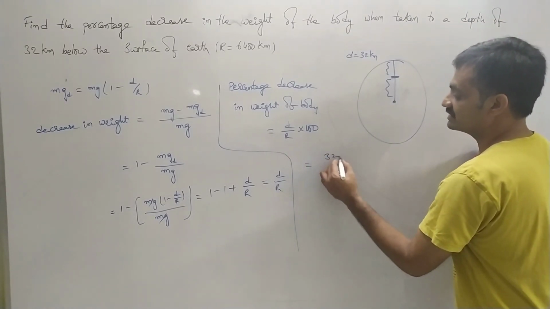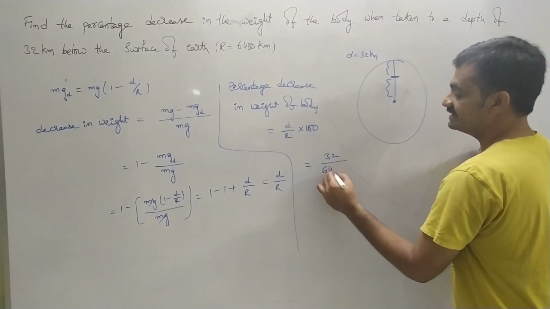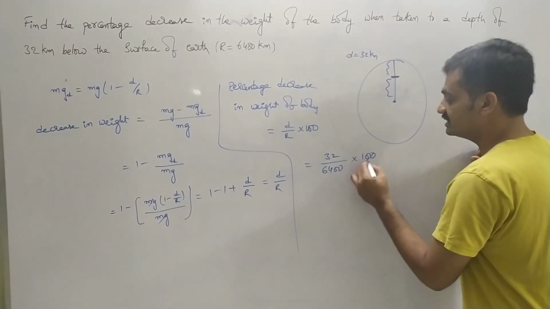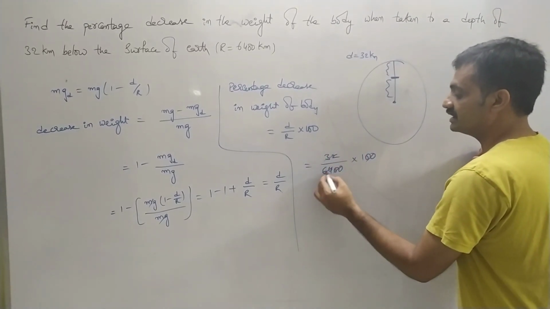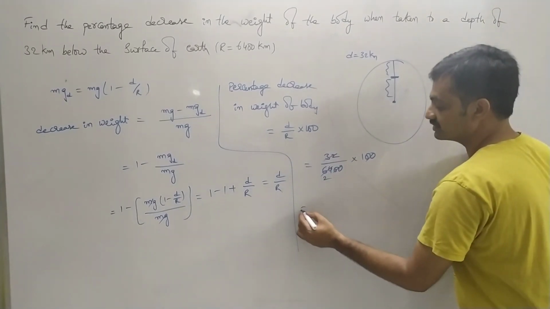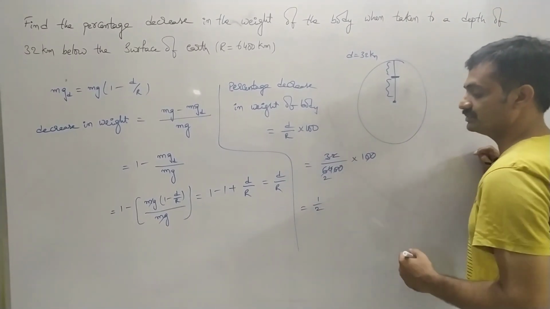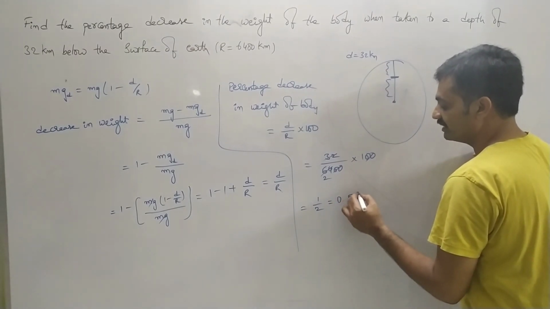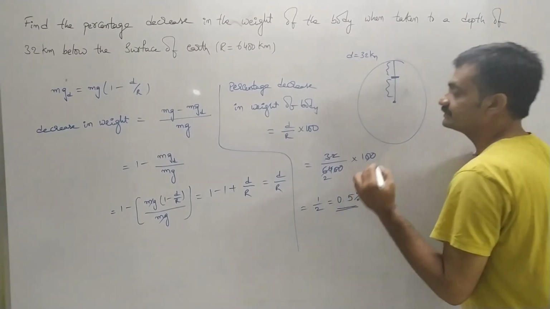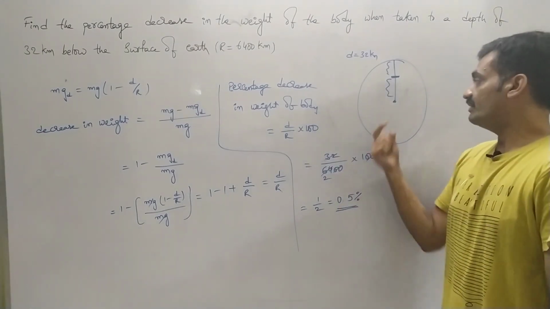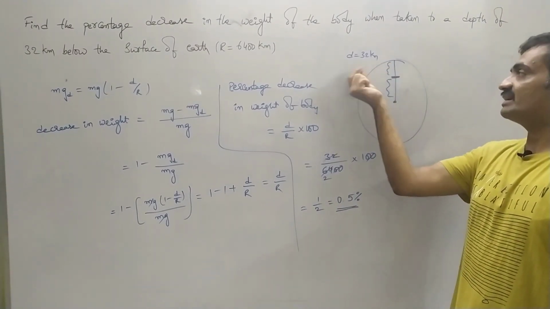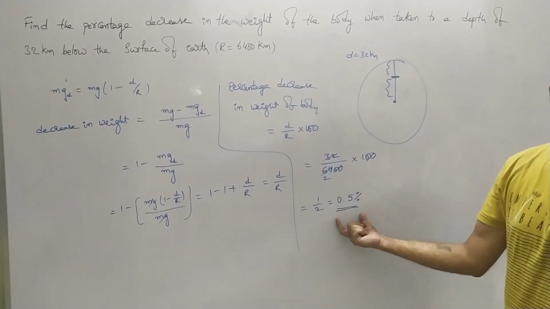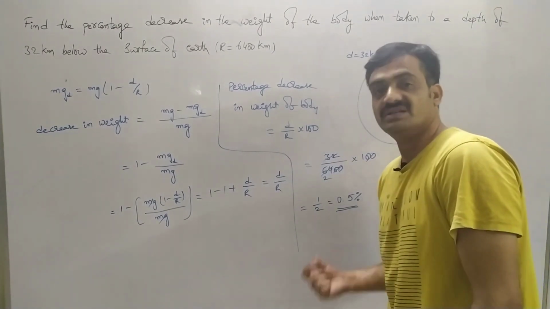As we substitute these values, we get 32 by 6400 into 100. 2 zeros get cancelled and we know that 32 2s are 64. So here we get 1 by 2, which is 0.5 percentage. So when the body is brought to a depth of 32 kilometers, the weight has decreased by 0.5 percentage.